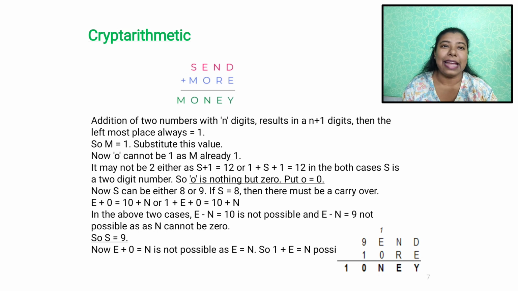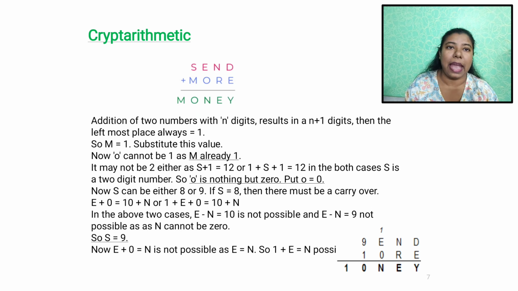That means the addition of S plus M will give the resultant 0, and along with that the carry is 1. That means M and O come from the addition of S and M, and that gives us a two digit number. Okay, so we consider M equals to 1.